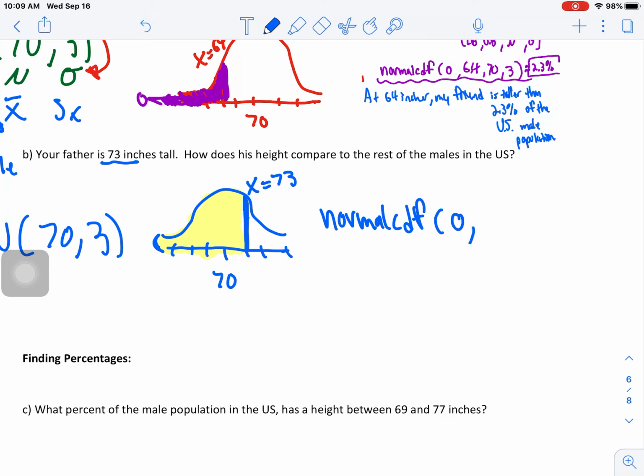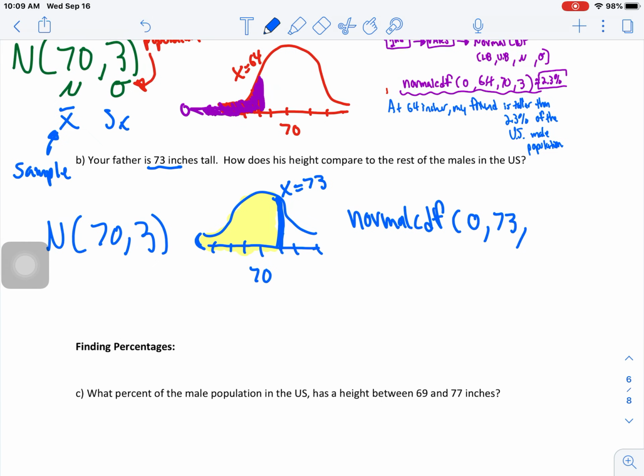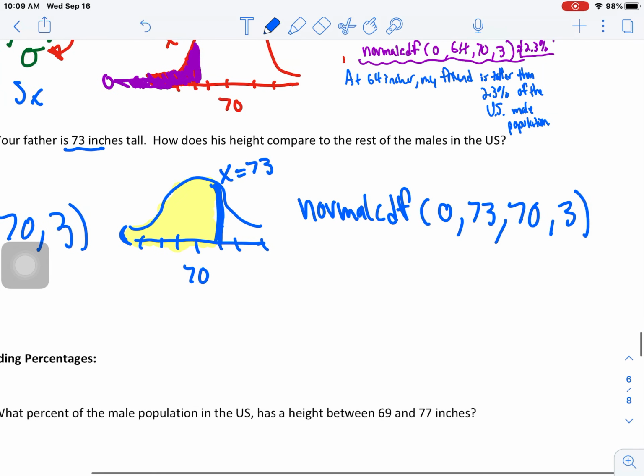So I'm just going to write 0. And my upper bound, the right side of the region I shaded, is at 73. My parameters are the same. 70 as the average and 3 as the standard deviation.